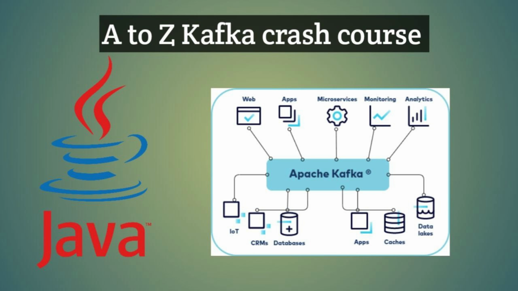A data lake is a centralized repository that allows you to store and manage large volumes of structured and unstructured data. It is a cost-effective solution for storing and processing large amounts of data in its native format. A data lake can store data from various sources such as databases, files, and streaming sources like Kafka.